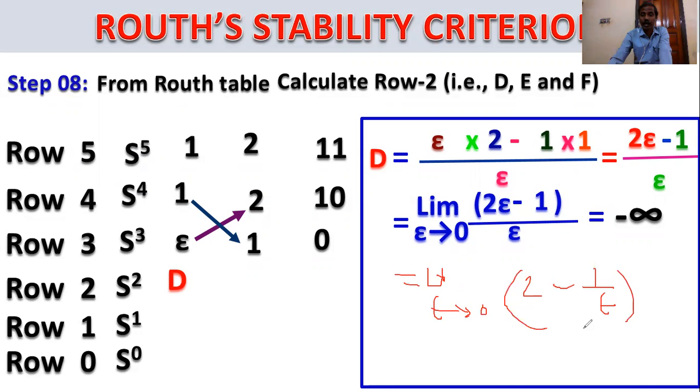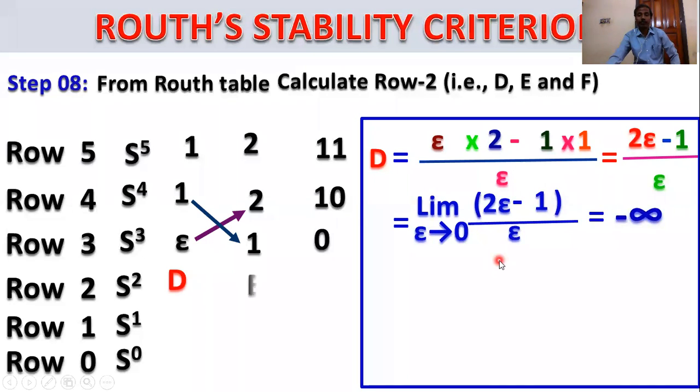Putting in 0, 2 minus 1 by 0 equals 2 minus infinity, which equals minus infinity. So this is the value, minus infinity.